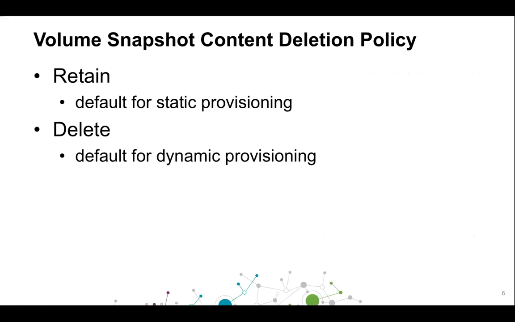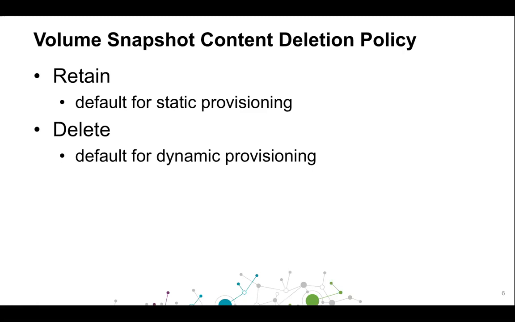For volume snapshots, it's very similar. Volume snapshot content is the snapshot provisioned on the storage by the admin. This is very similar to a persistent volume, which is storage provisioned on the storage system by the admin. We also have a volume snapshot API object, which is the request from the user for a snapshot.